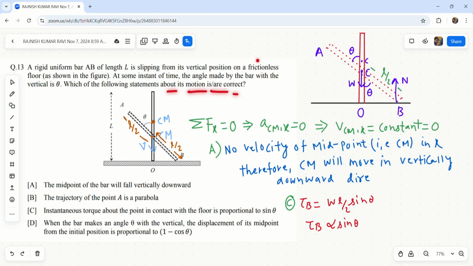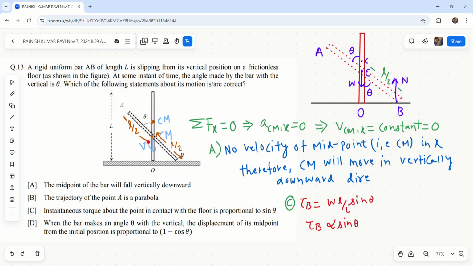So we are given a uniform bar AB of length L, and initially it is standing vertically. When it starts sliding, at a certain instant it makes angle theta with the vertical.